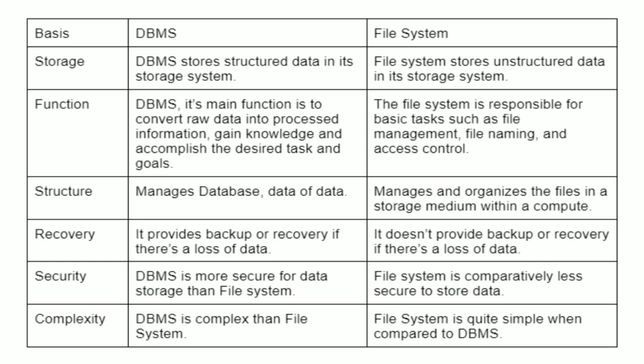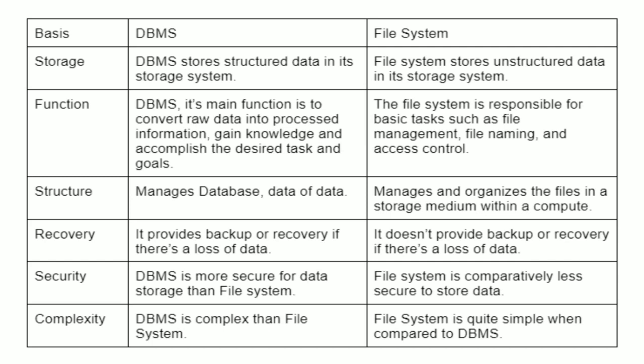The third one is structure. DBMS manages the database structure and data. But a file system manages or organizes the files in a storage medium within a computer. Fourth one is recovery. DBMS provides backup or recovery if there is loss of data.